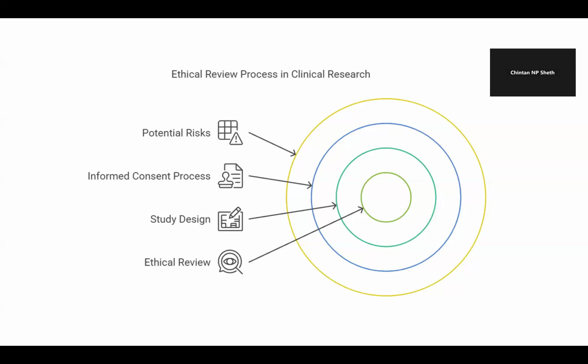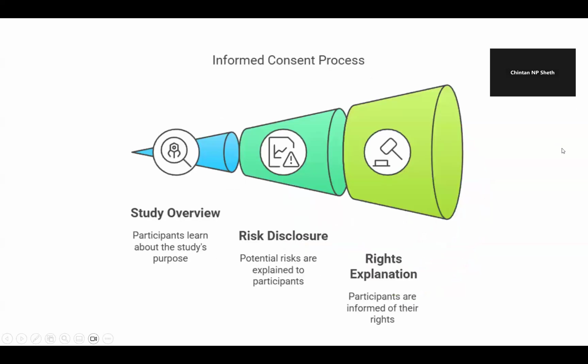I just want to touch base upon the informed consent process because it is crucial to maintain the ethics of clinical research. The informed consent process mainly has three aspects covered. Informed consent, as the name suggests, means every participant, subject, or patient who enrolls into a clinical trial is explained the study overview so that they can learn the purpose of the study.